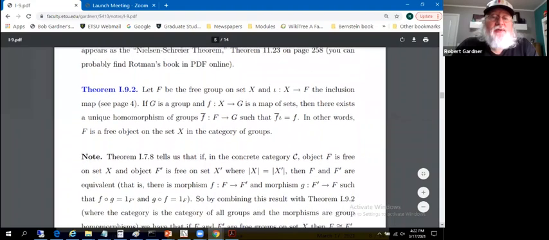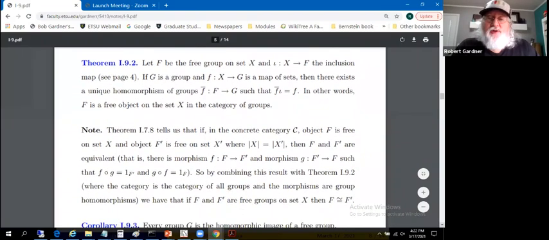As promised, let's connect free groups with the concept of free on a set from the category setting. Theorem 1.9.2 says, let F be the free group on set X, and iota, mapping X into F, be the inclusion mapping.